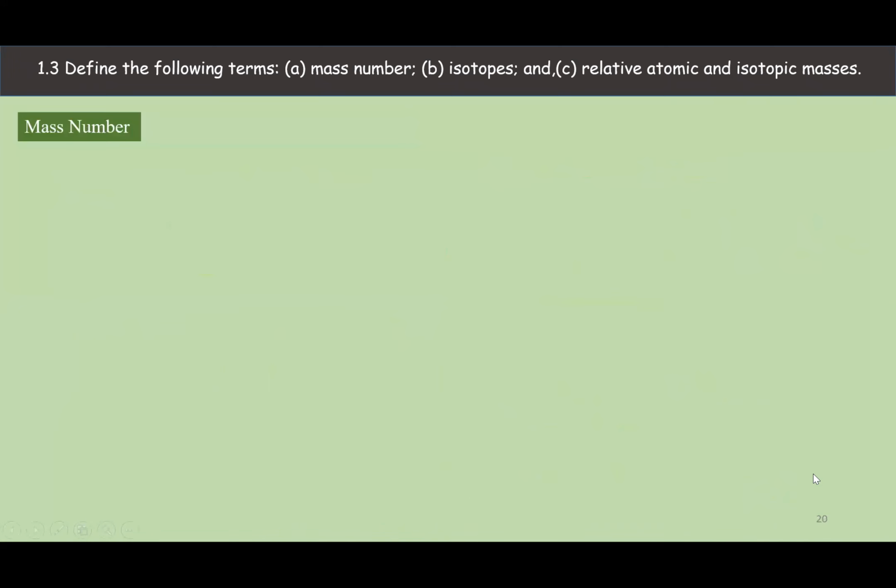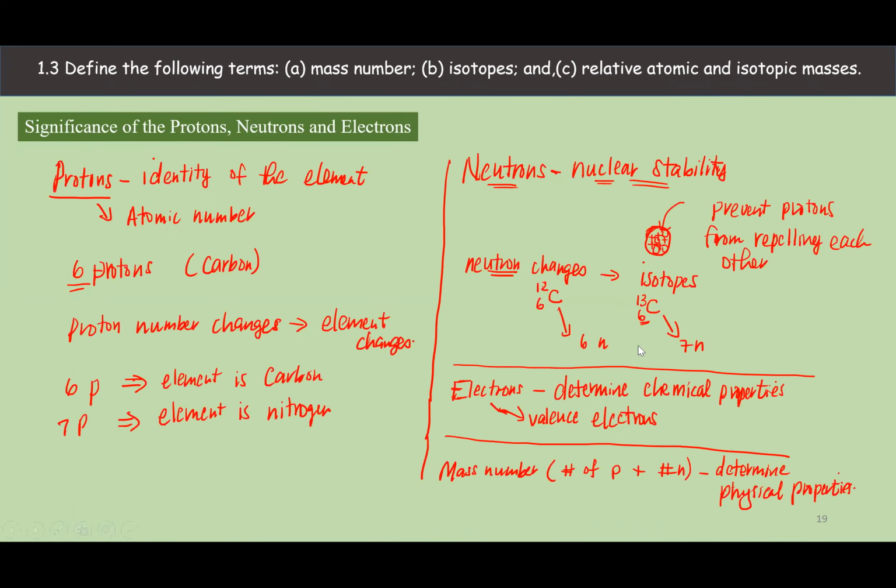Just to be clear, chemical properties relate to the type of reactions that the element can participate in. Reaction with water, reaction with nonmetals, reaction with dilute or concentrated acids.